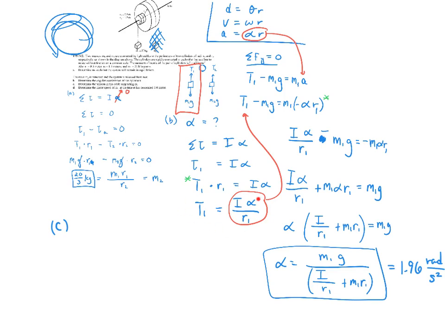So let's reuse this equation right here. T1 equals I times alpha all divided by R1. So 1.96 times 45 divided by 0.5. 176.4.